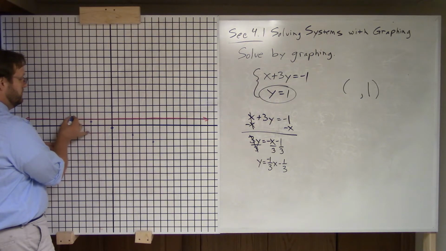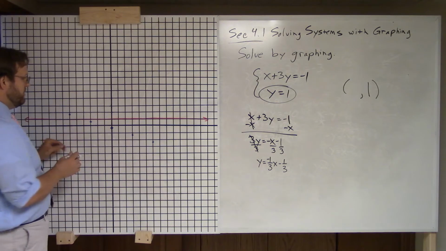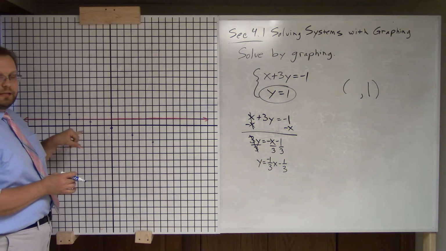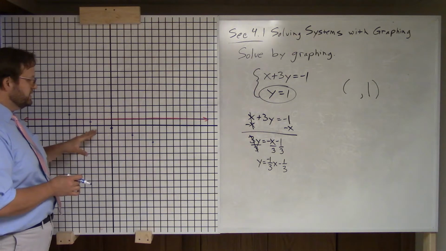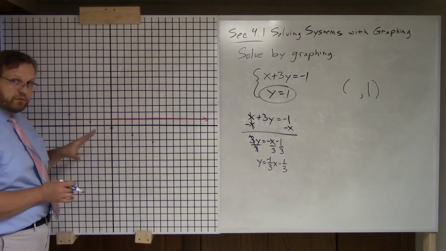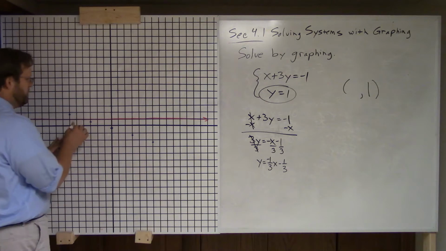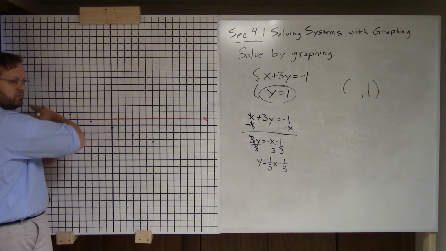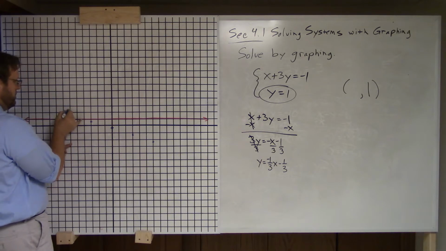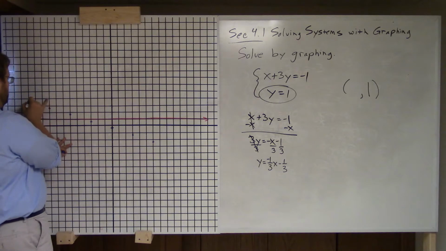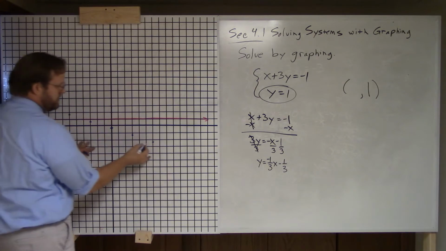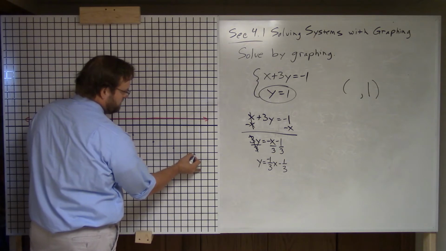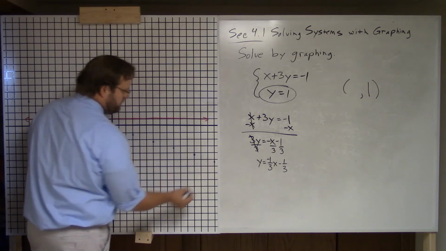Up and left. Now, it wasn't so nice as the last one where we just hit a point that was already there. So what I would suggest you do to make sure this line is as accurate as you can make it, I would continue on. I know I'm going to cross somewhere here, but I want to make sure I'm not tweaking my line at the end. So I'm going to go with this and this, and then here I can go down and over like so.